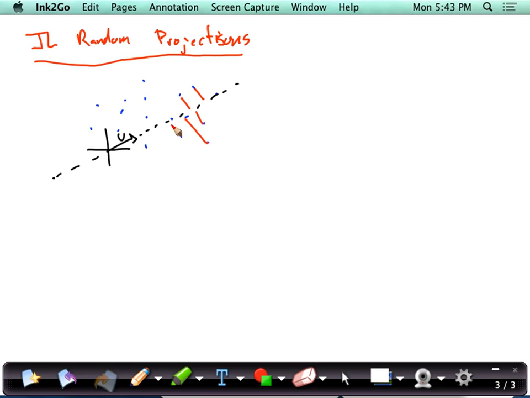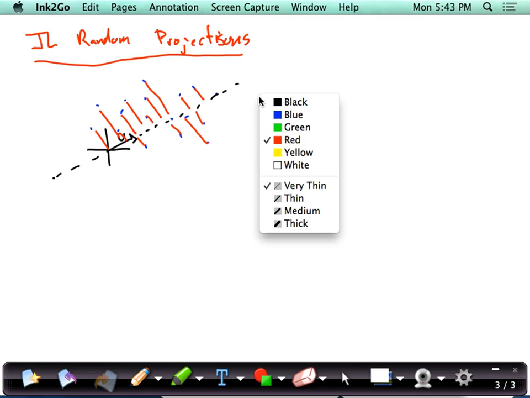PCA is also projecting, but PCA had this way of picking the best possible direction, and that best depended on the variance of all the directions of the data. Now I'm going to pick this u at random.